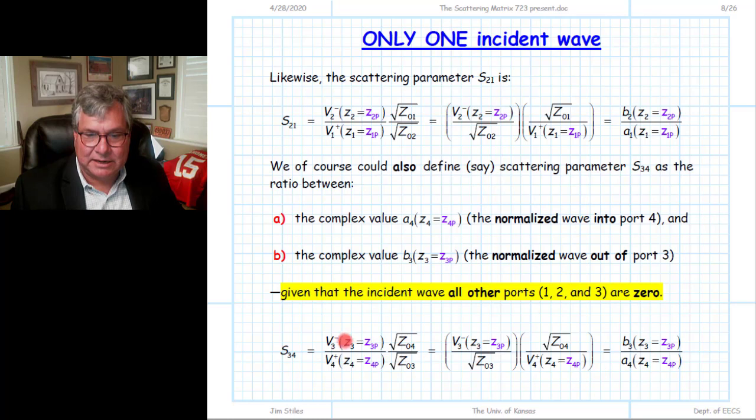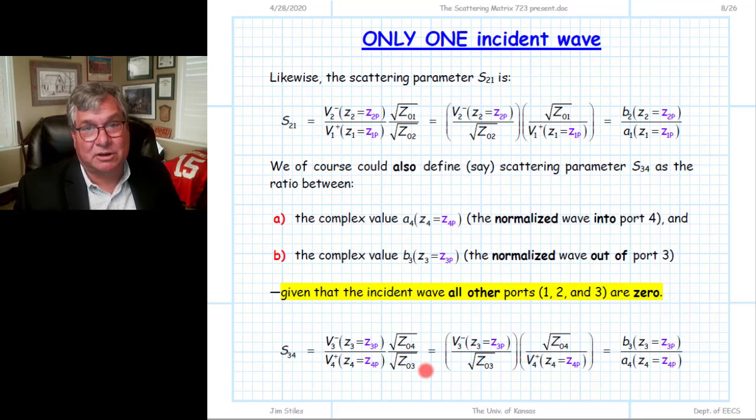And we can relate this again to the plus and minus wave voltages at port 3 and port 4 as well. Again, don't leave this ratio of the square roots of a characteristic impedance out. Oftentimes, students will leave this out, and engineers will leave these out. And notice that if the characteristic impedance of the two transmission lines were identical, they would cancel, and so we would get the right answer regardless. But I want to leave these in.